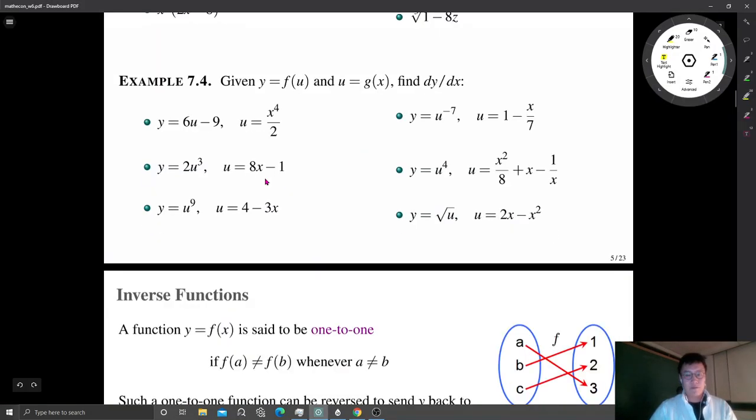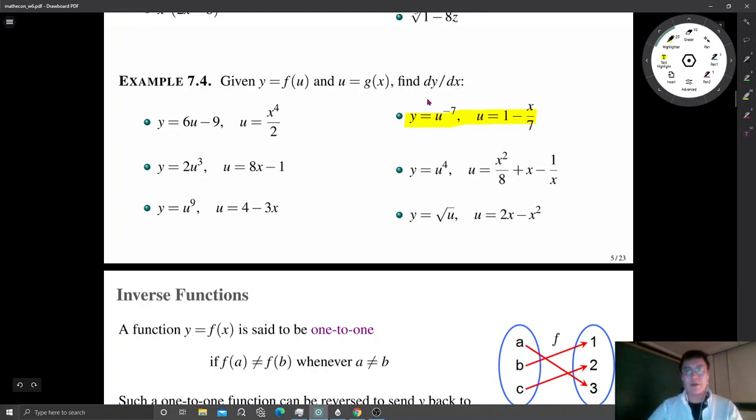And for this one, let me do the second example. All right, so y is given by a function of u, and u is given by a function of x. Okay, and we are looking for dy over dx. So y is the final output of this composition, and x is the initial input.